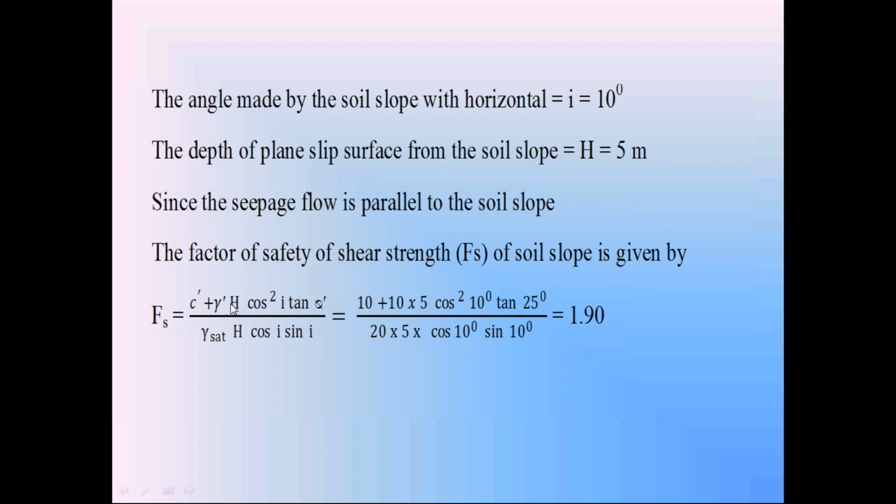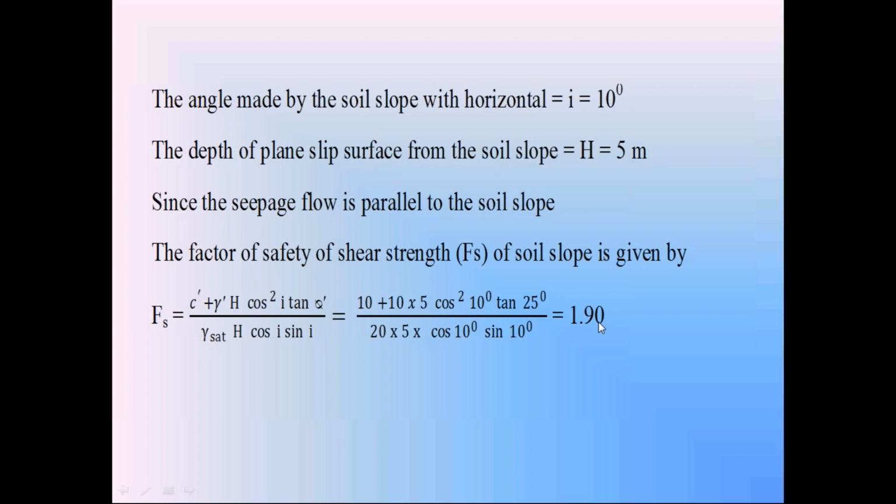So substitute those values in the right hand side: c dash is 10 kilonewton per meter square, gamma dash is 10, h is 5 meter, i is 10 degrees, phi is 25 degrees, divided by gamma saturation 20, h 5 meter, cos 10 degrees, sin 10 degrees. Simplify the right hand side by substituting all the known values. You will get the factor of safety as 1.90.